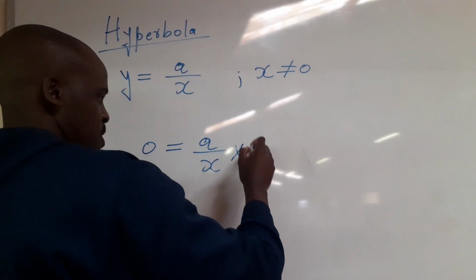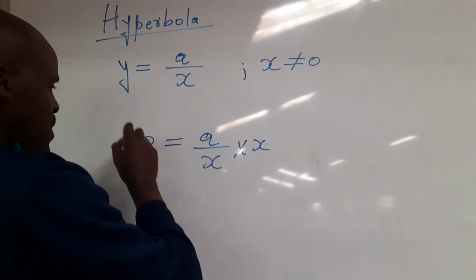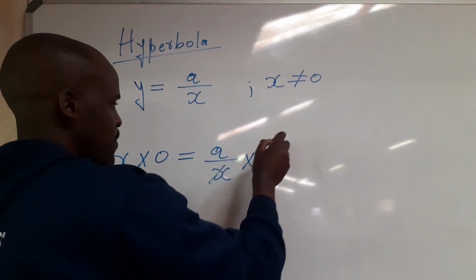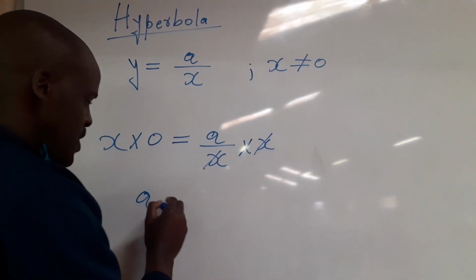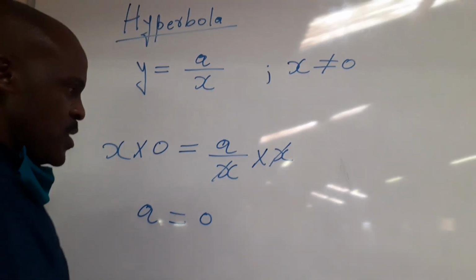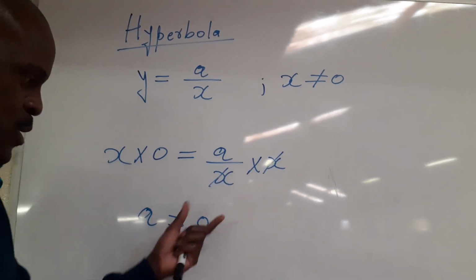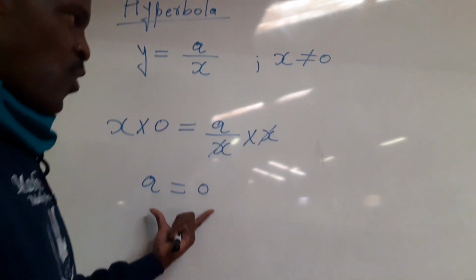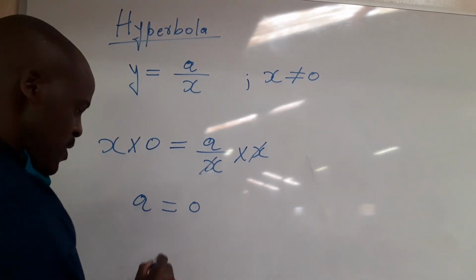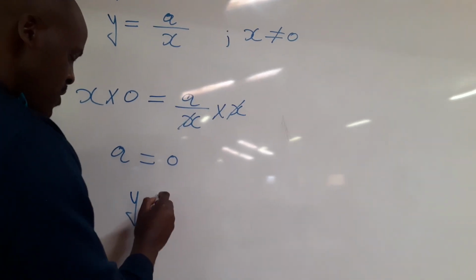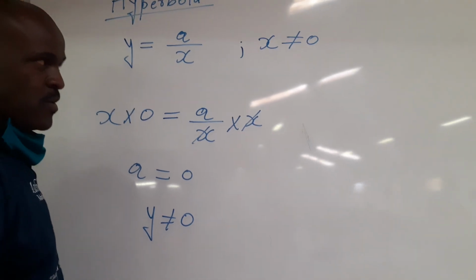To solve for x here, we multiply by x on both sides. So here we are going to have 0, which means a is equal to 0. We were to solve for x, so x is no longer existing, which means y must not be equal to 0.